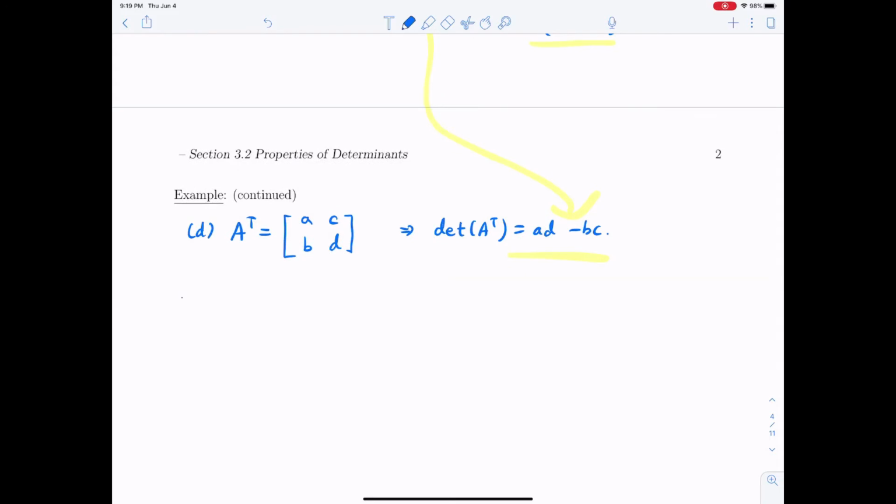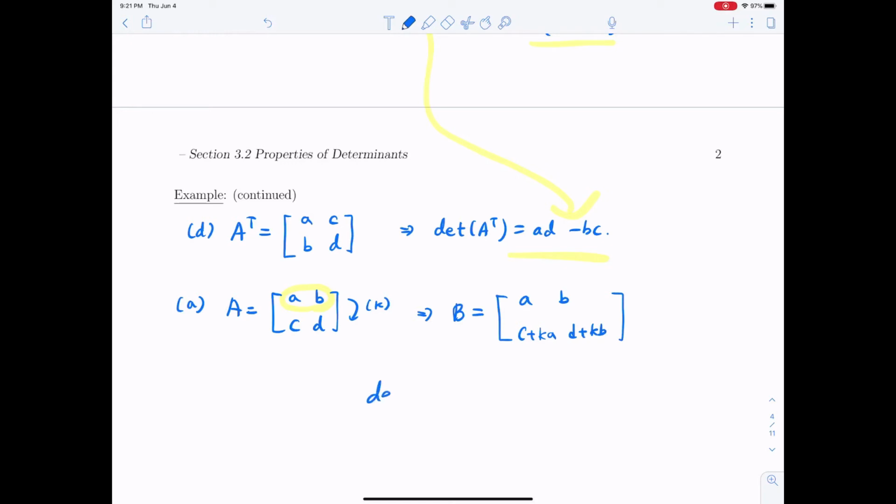And lastly, for the row operation, let's say A equals [a b; c d]. If you multiply the first row by k and then add this to the second row, this gives you B equals [a b; c+ka d+kb].